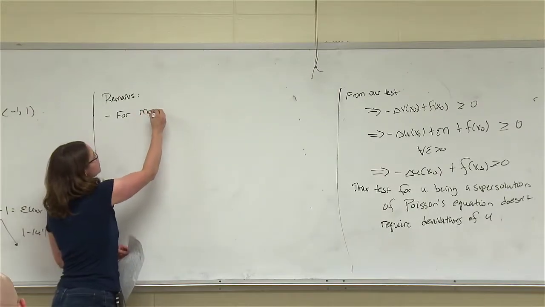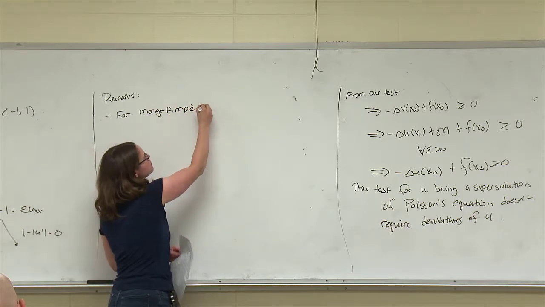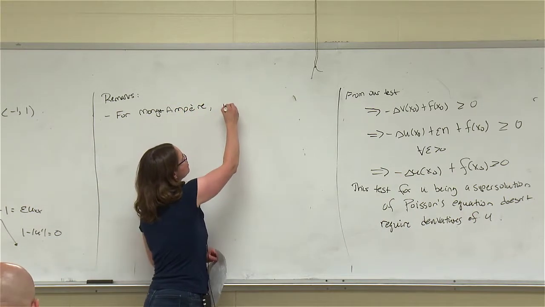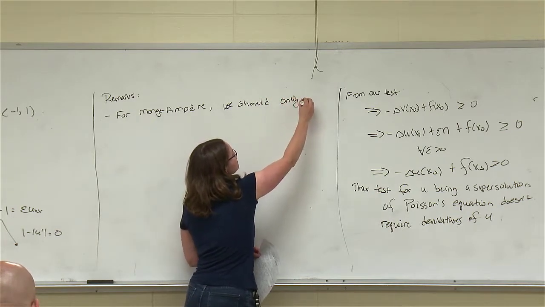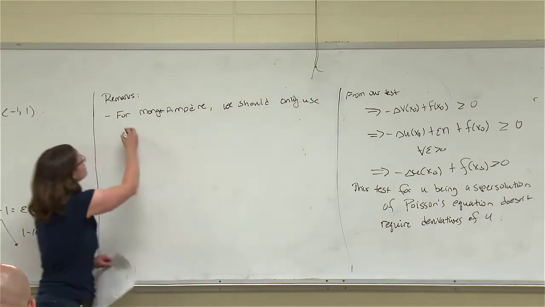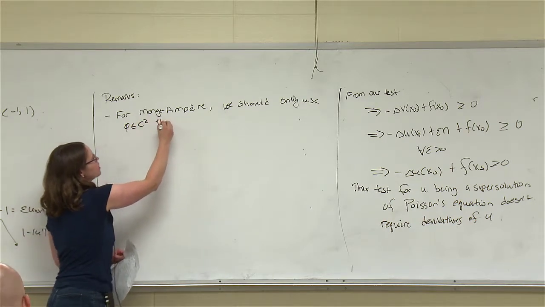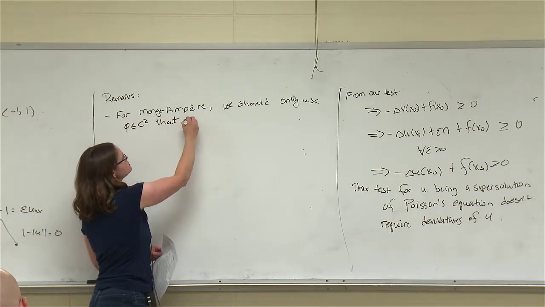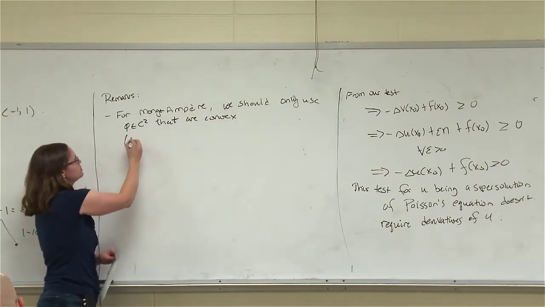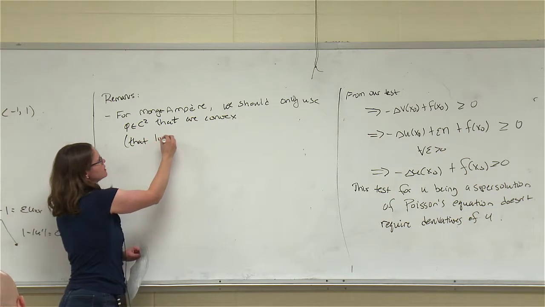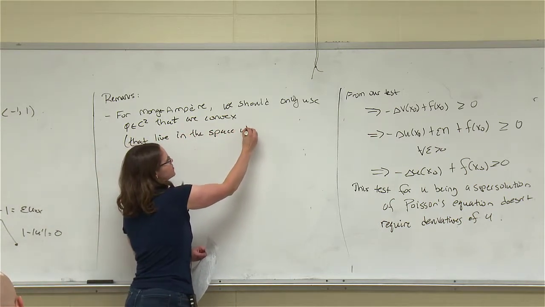For Monge-Ampere, we should only use phi belonging to C2 that are convex. In other words, that live in the space where f is elliptic.